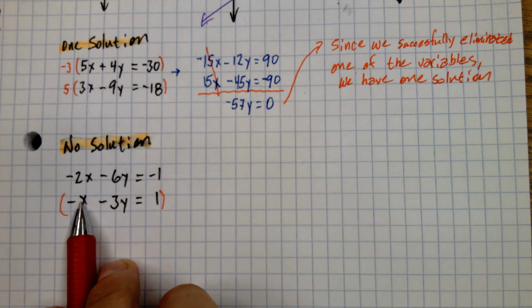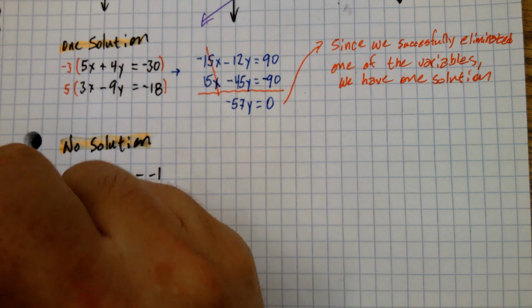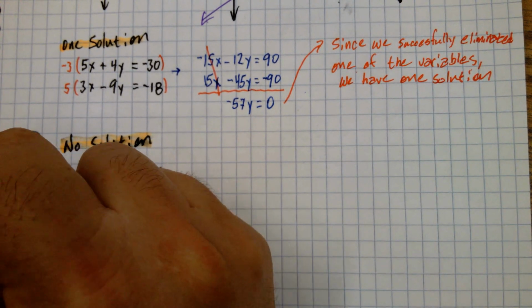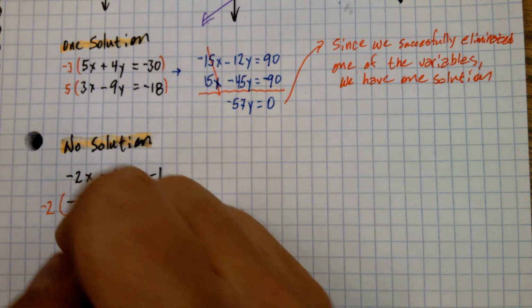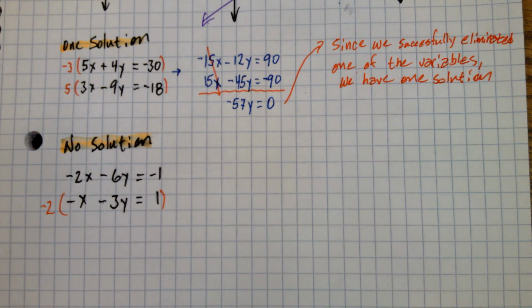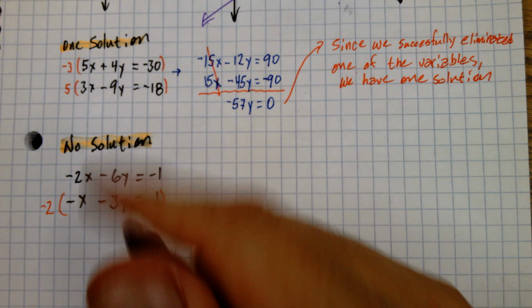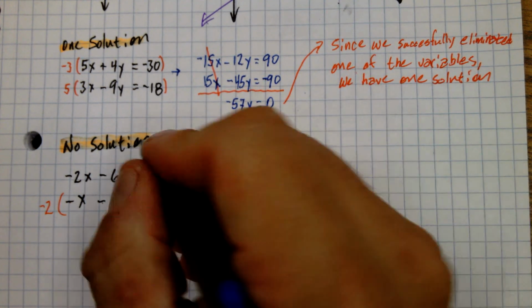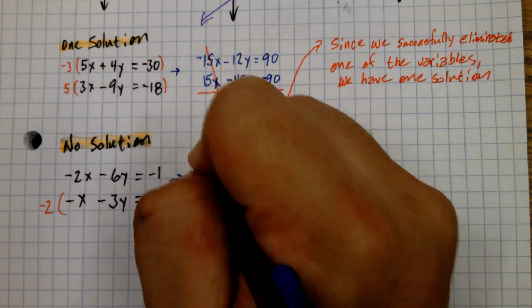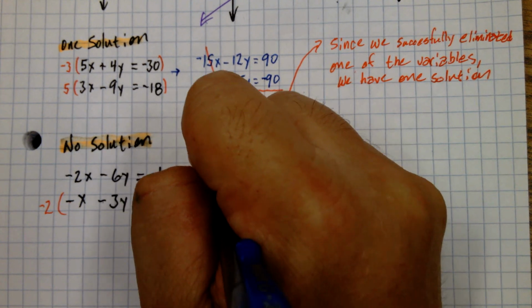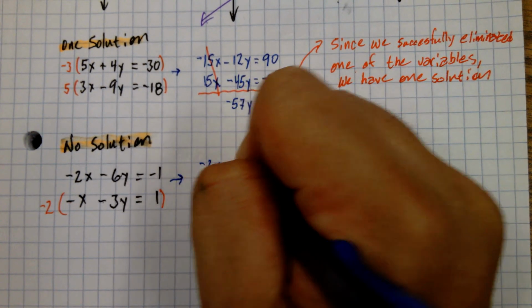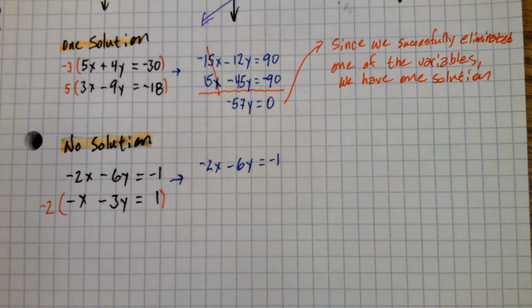So what do I want to multiply through by? Negative 2. Negative times negative is positive. I would have 2y there. Let's see what happens. So this stays negative 2x minus 6y equals negative 1. That stays the same.